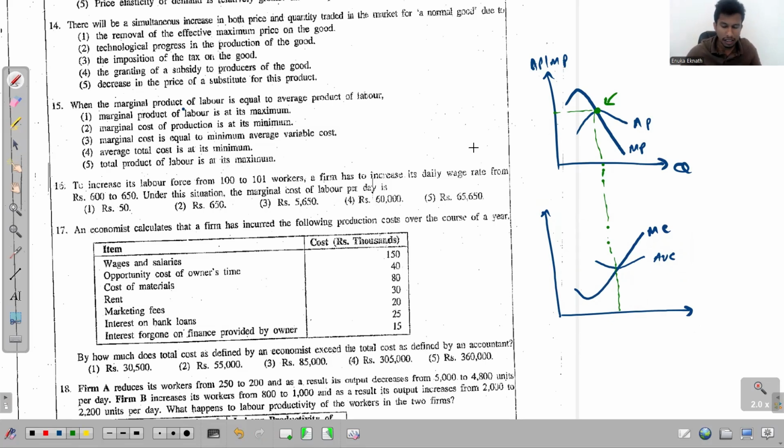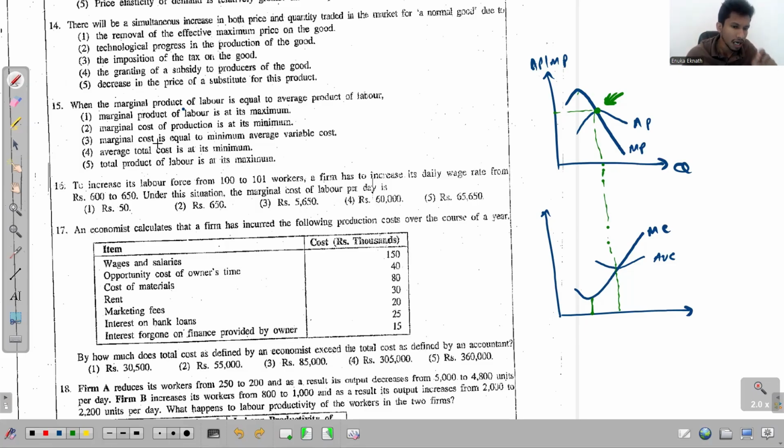Now, keeping this idea in mind, we will go through this second option. Marginal cost of production is at its minimum. No, the marginal cost becomes minimum when the marginal product becomes maximum, not at this given point. So that is also not the answer.